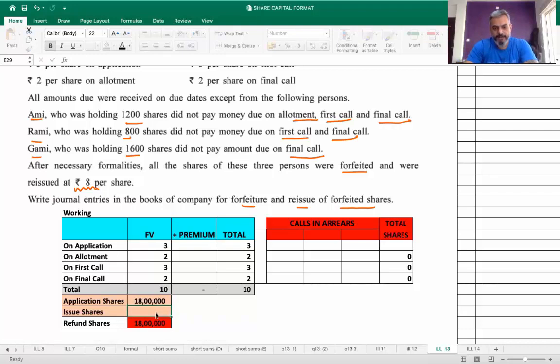It's not needed, but we write it because we have a format for it. Okay. Now calls in arrears. So we have Ami, then we have Rami, and we have Gami.